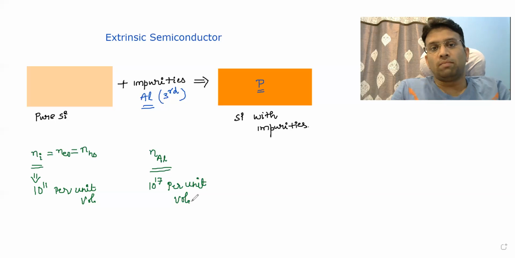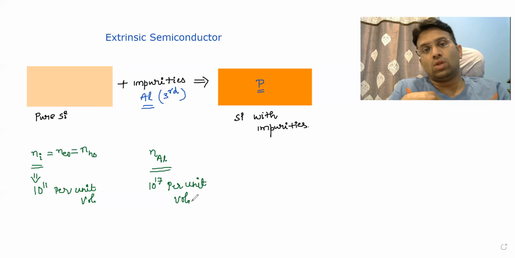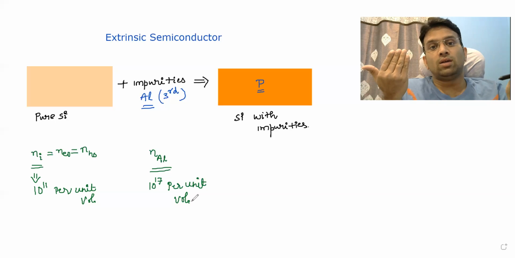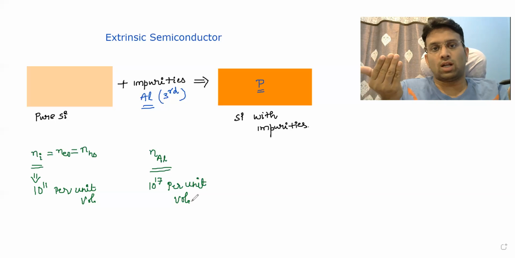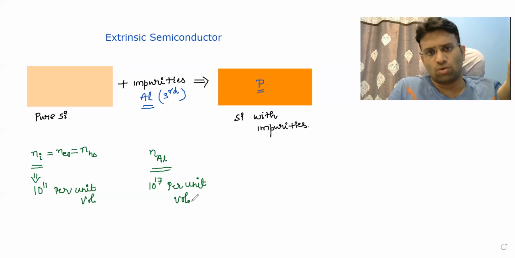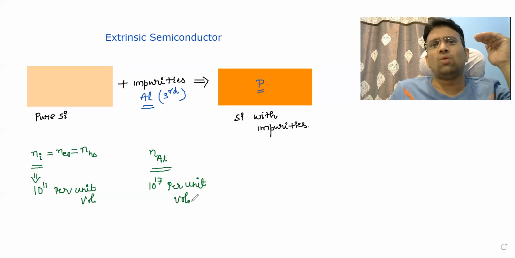Now, please try to understand that although we have added only one aluminum for every 10 power 6 silicon atoms, in comparison to the holes and electrons that were already present, the number of aluminum atoms is actually a lot. They are around 1 million times the number of holes or electrons present. The number of silicon atoms is 10 power 23 in our example, and it is close to reality also. Mostly the covalent bonds remain intact, and only at some very rare places is an electron-hole pair generated in the intrinsic semiconductor.